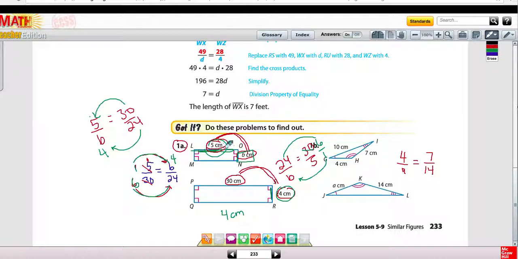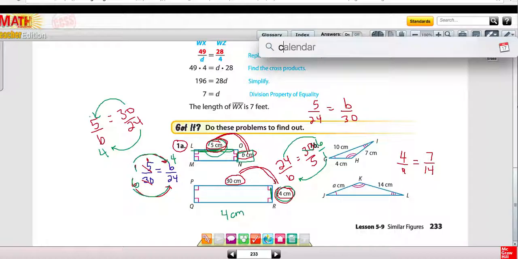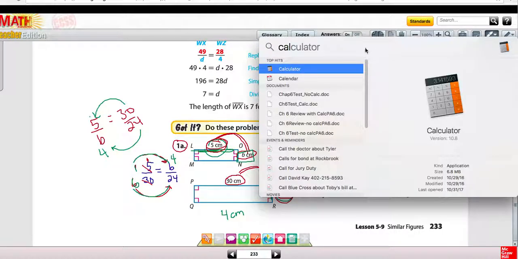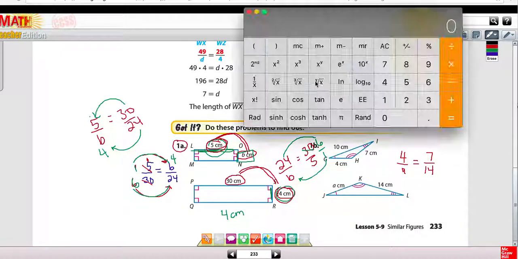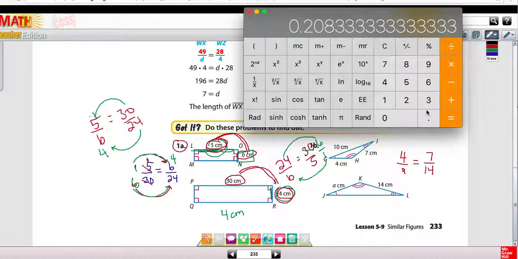If I did say 5 over 24, 5 over 24 equals b over 30, if I cross multiply and divide there and see what I get, 5 times 24 divided by 30. Oops. 5 times 24 divided by 30 also equals 4.